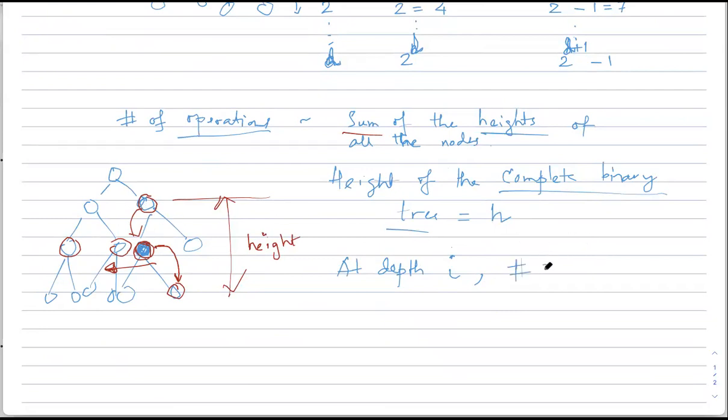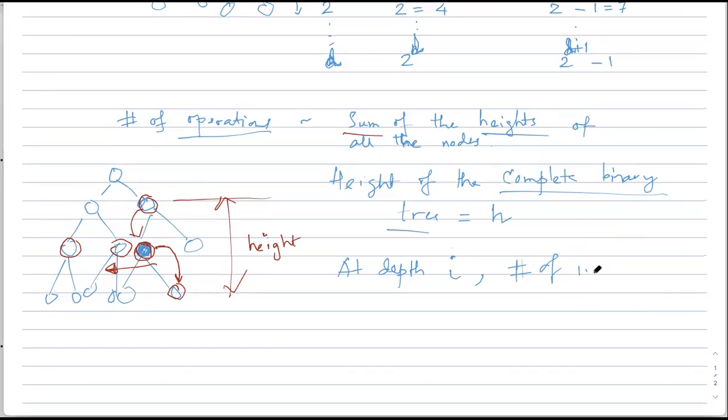So number of nodes, two to the power of i. Exactly. So number of nodes equals 2 to the power of i, right?